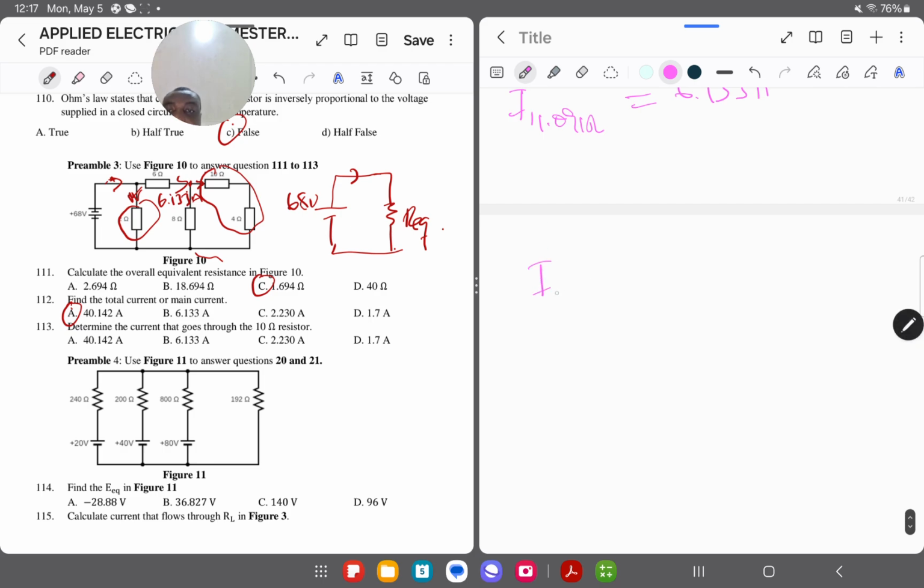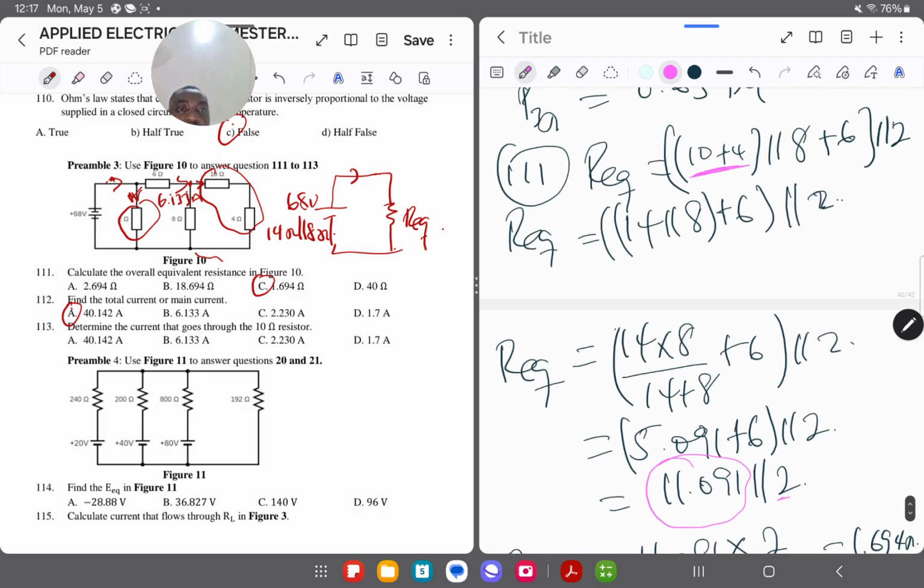So the current that will pass through the 10 ohms is going to be, now we have 14 ohms. It's in parallel with 8 ohms, right? 14 ohms is in parallel with 8 ohms, just like we saw here.